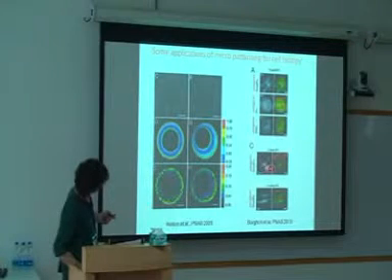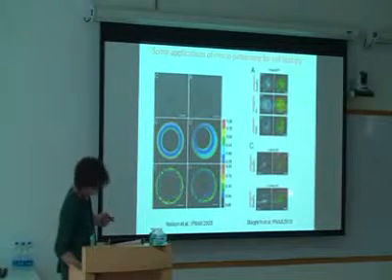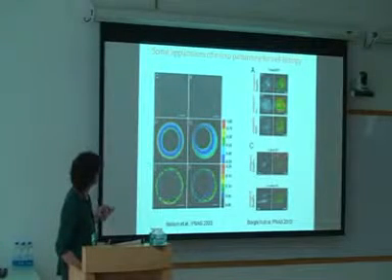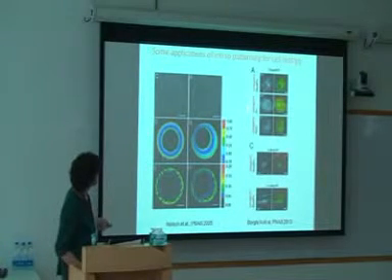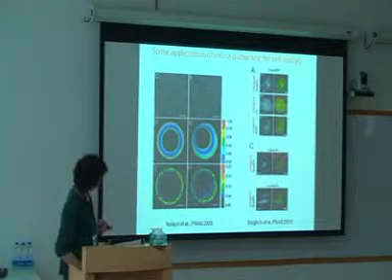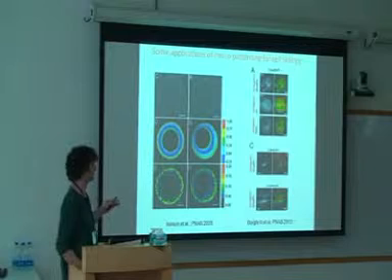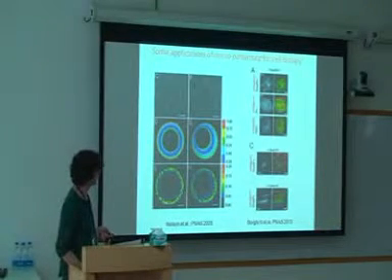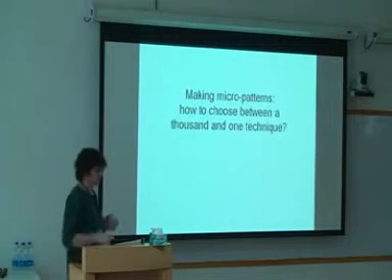Here they have patterned alternative stripes of two types of adhesion molecules. One is collagen, so it's extracellular matrix, and the other is cadherin, for example, and you can see how cells would form these two different types of adhesions on the two different types of stripes. So this is a bit to show.